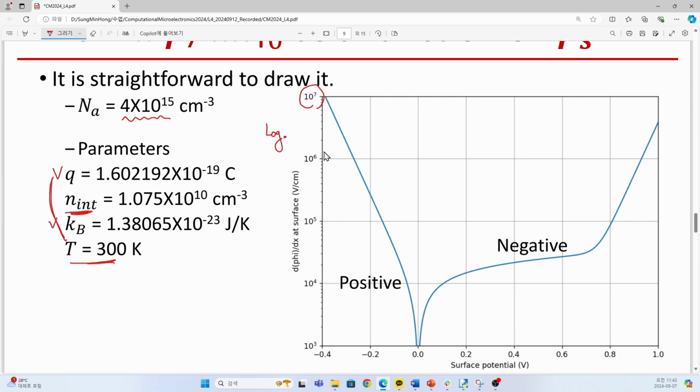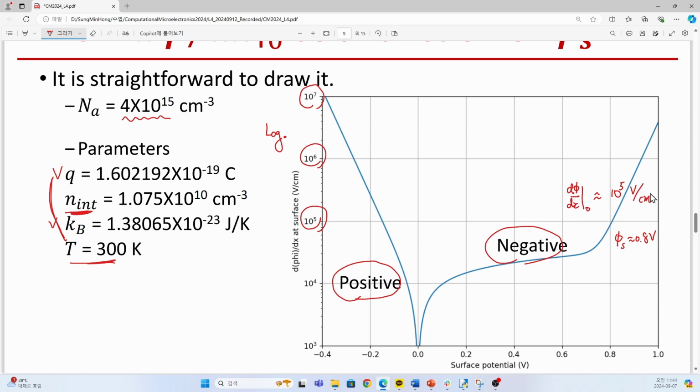So 10 to the 7, 10 to the 6, 10 to the 5. So we have to be careful about sign. And in this case, this corresponds to positive sign and negative sign. So simply speaking, for example, when phi s is around 0.8 volt, this shows that d phi over dx evaluated at 0 is quite close to 10 to the 5 volt per centimeter.